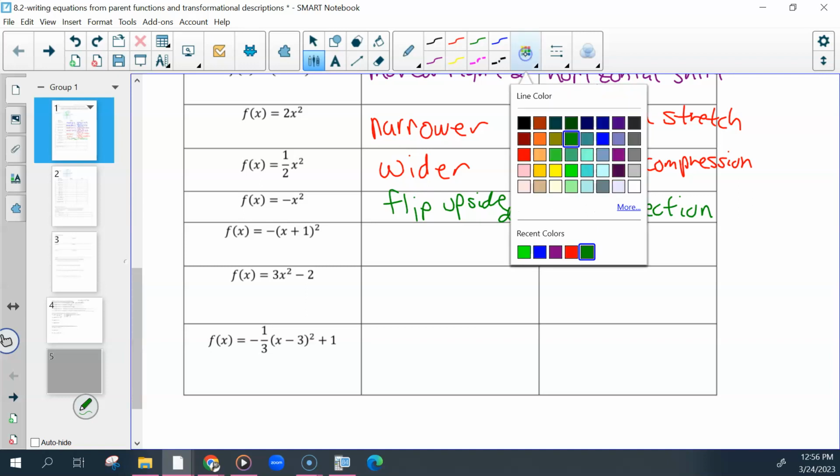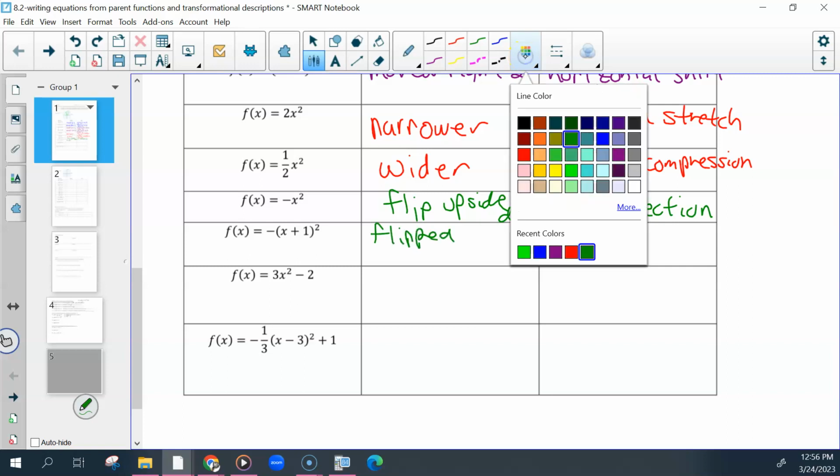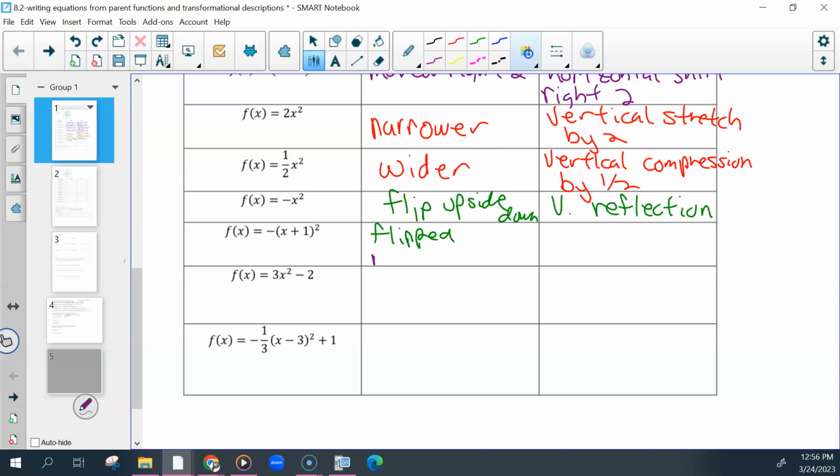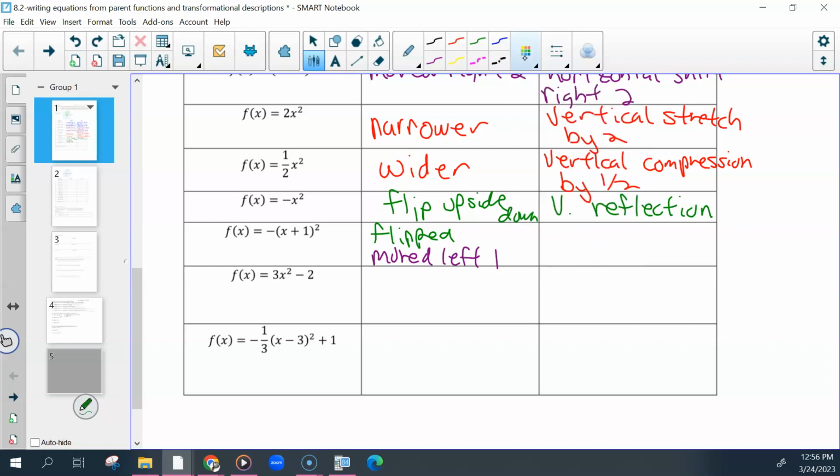And then it also moved left, yes. So it did flip upside down because of the negative, and then it moved left 1 because of the plus 1 inside. Then how would we write those two rules?